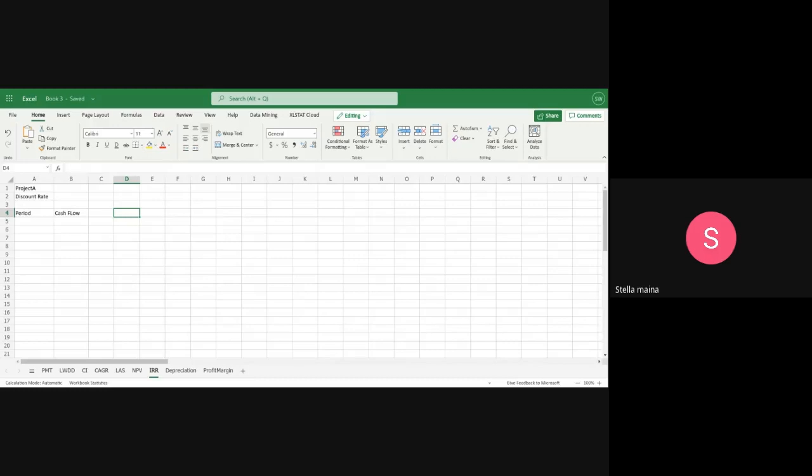So for example, we have a project A with an initial investment of $100. So I'll just come ahead and write my $100, and then let me just add the periods.